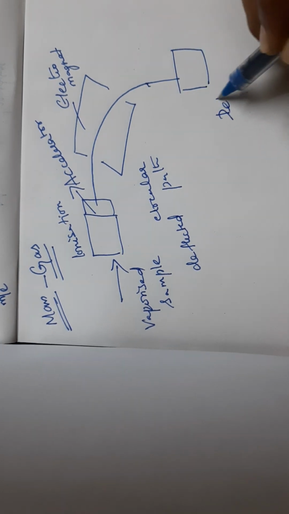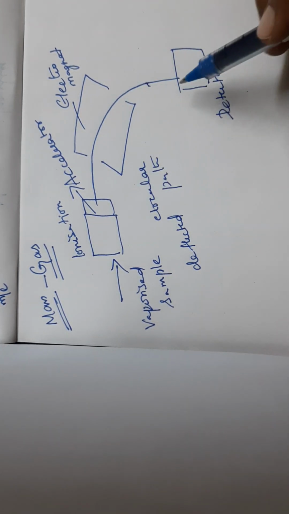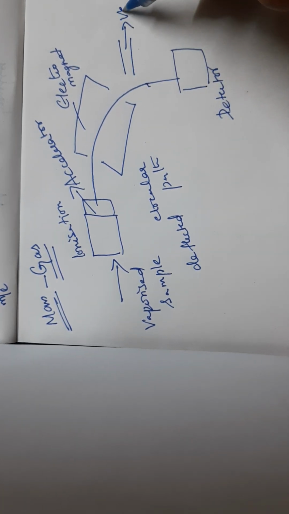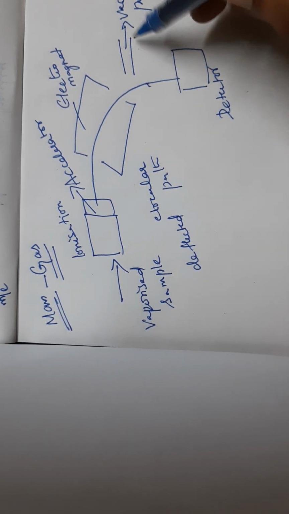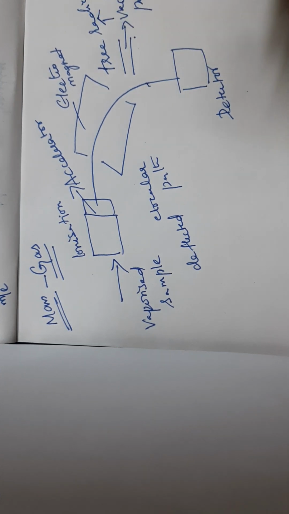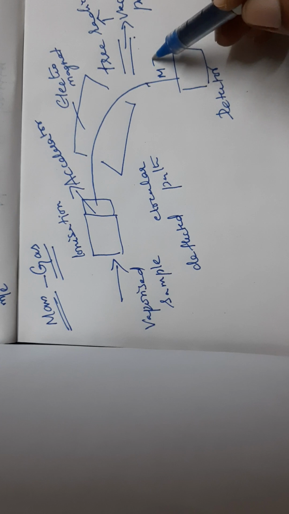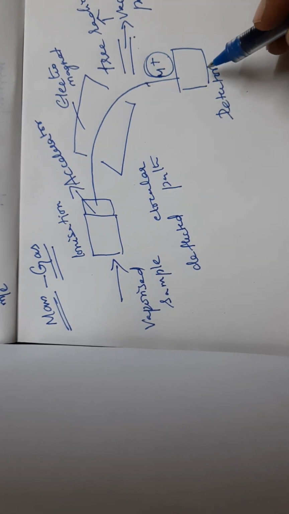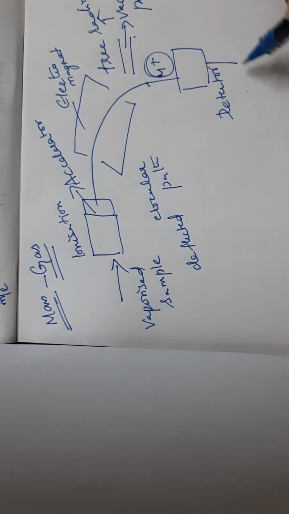When they are deflected because of this electromagnetic field, you will have a vacuum pump here. This vacuum pump removes the free radical, and only the charged particles fall on the detector. After the detector we have the amplifier, followed by the recorder.